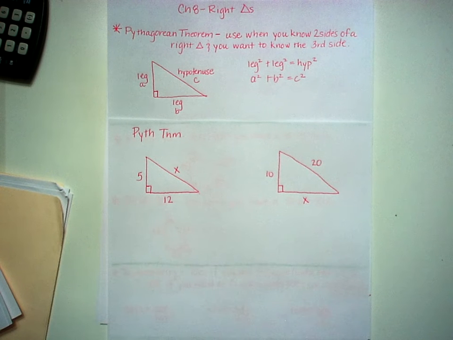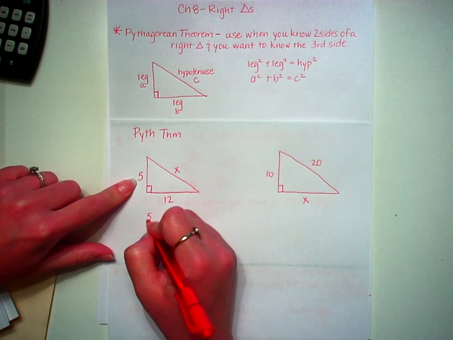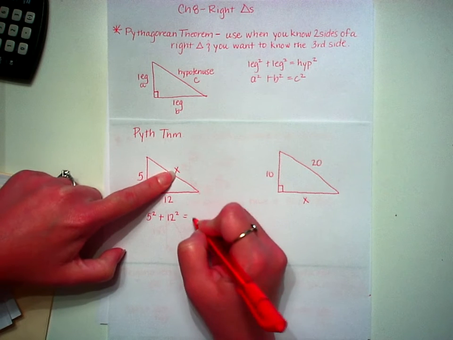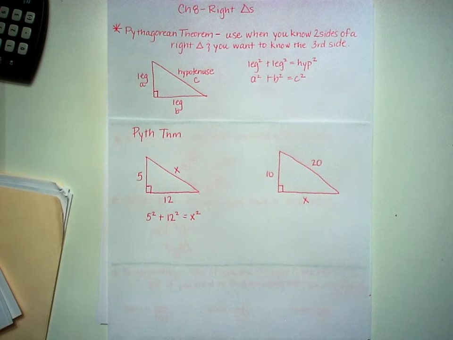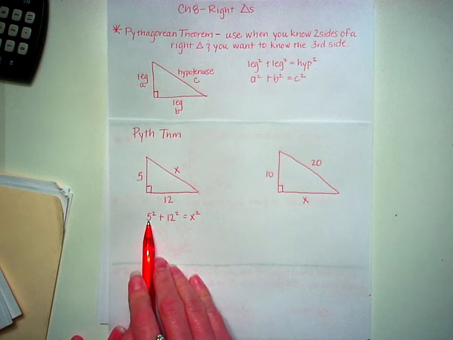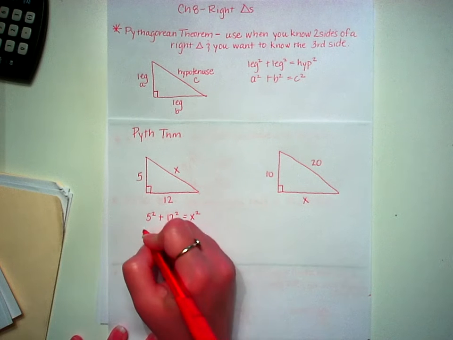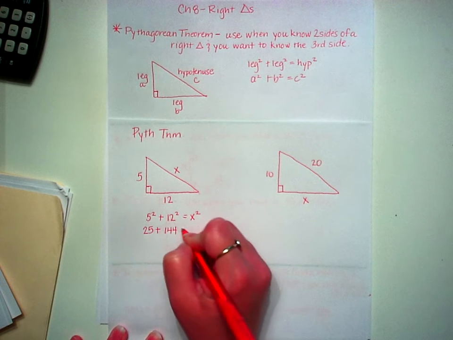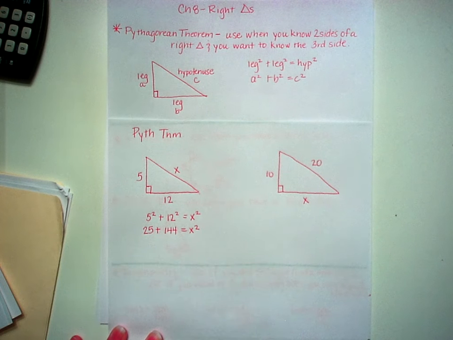Okay, and remember that's leg squared plus leg squared equals hypotenuse squared. So leg squared plus leg squared equals hypotenuse squared. Okay, you can plug this into your calculator or do it in your head either way. 5 squared is 25. 12 squared is 144. That's equal to x squared.